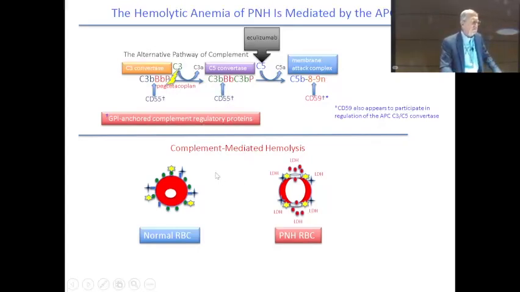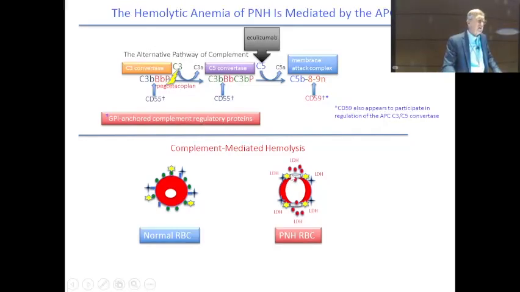So this illustrates what happens in a normal red blood cell. If they have normal amounts of CD55 and CD59, they block any activation of the complement system, and so there's no lysis of the cell. On the other hand, in PNH cells that are missing these GPI-anchored complement regulatory proteins, there's no control of the alternative pathway of complement.